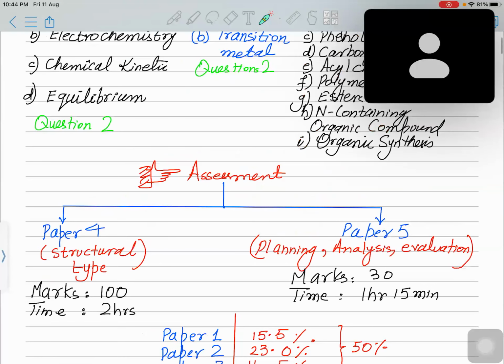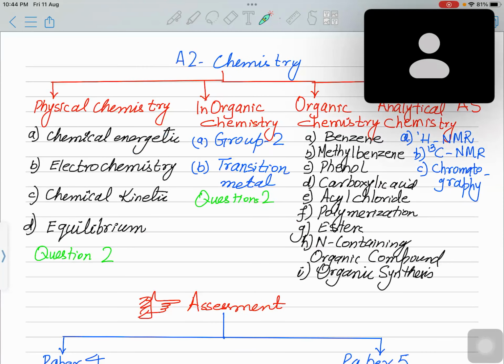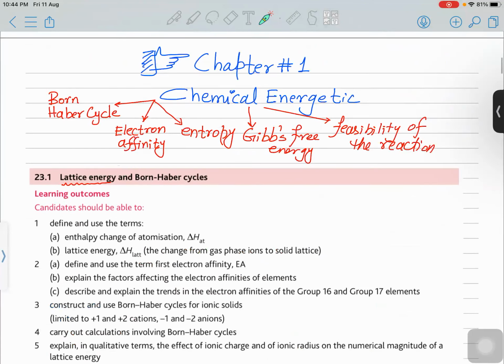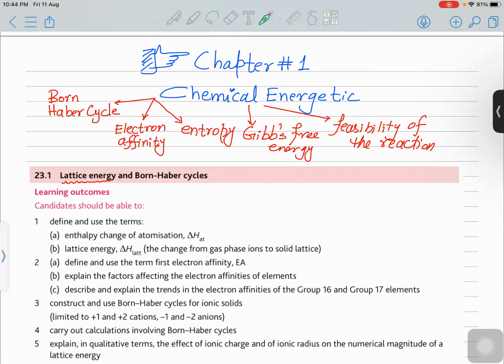So we have different sections, right? Chemical energetics, electrochemistry, chemical kinetics, and equilibrium, right? So let's start from the first chapter, chemical energetics, right? Are you ready for the first chapter? Yes, sir. Okay.